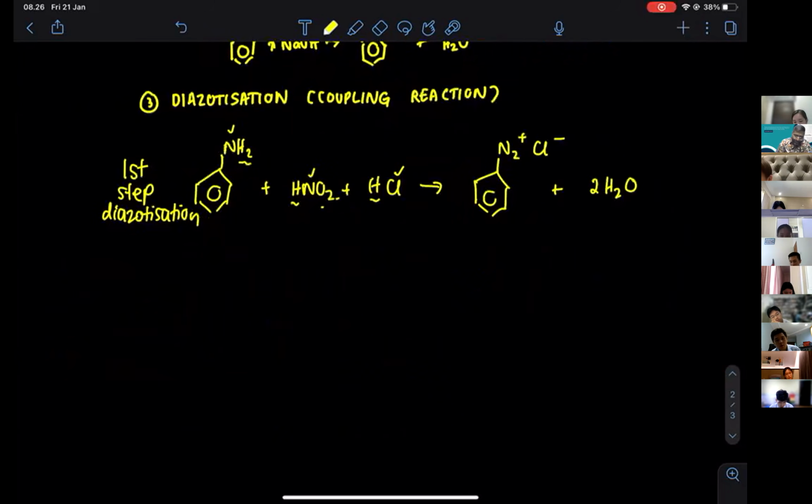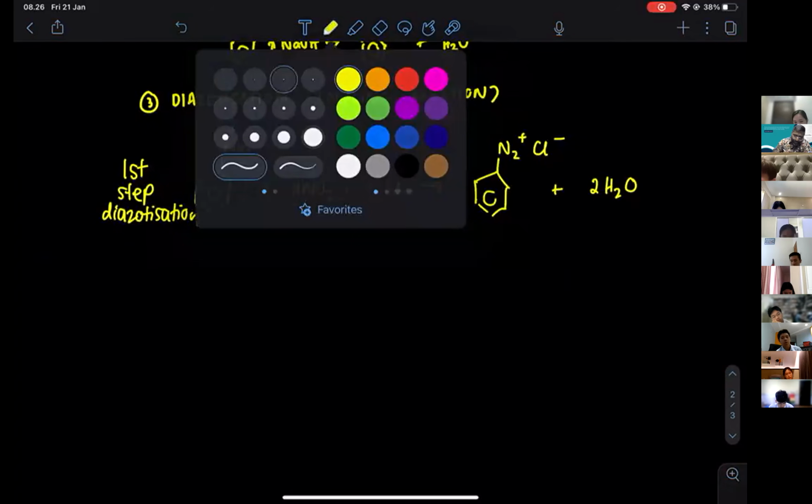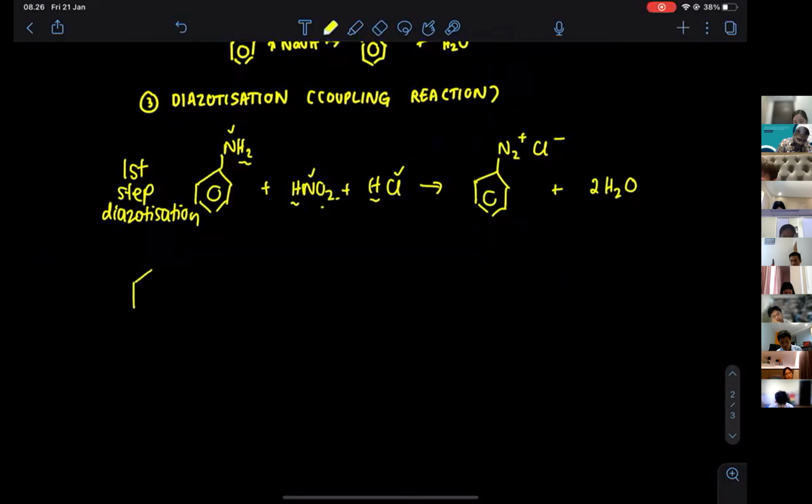Let's say, for example, you take the N2 plus Cl minus and react it with phenol. This reaction with phenol happens in the presence of sodium hydroxide.